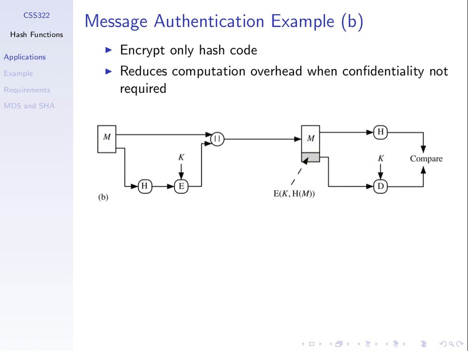The malicious user modified the message, B would decrypt, find H, compare it to H prime. If they're the same, B would believe that nothing's gone wrong. So an attack on this authentication system would be successful if the malicious user can find a message that has the same hash value as the original message. So we need a hash function where it's very hard to find such a message.